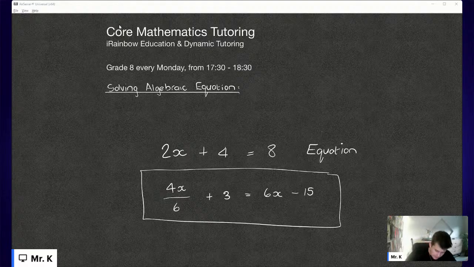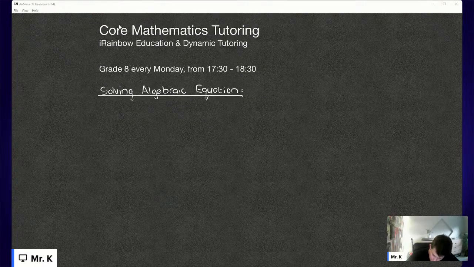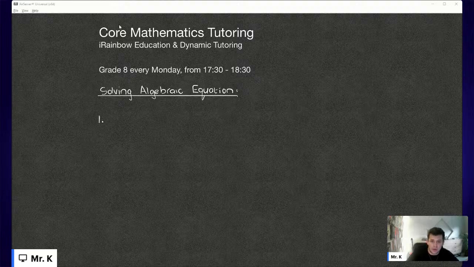All right, let's start right at the very beginning and forget what we've just written down. Let's start by distinguishing between an algebraic equation and an algebraic expression.